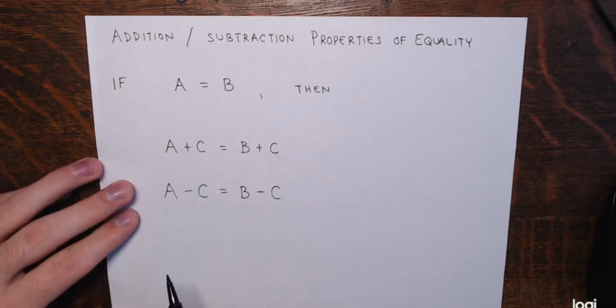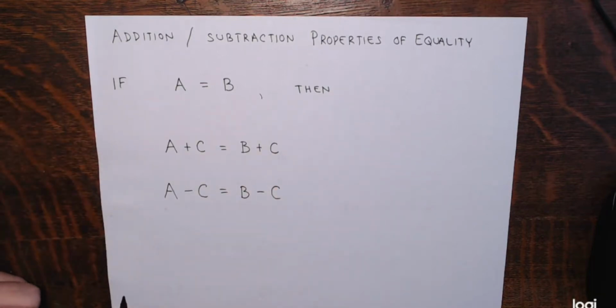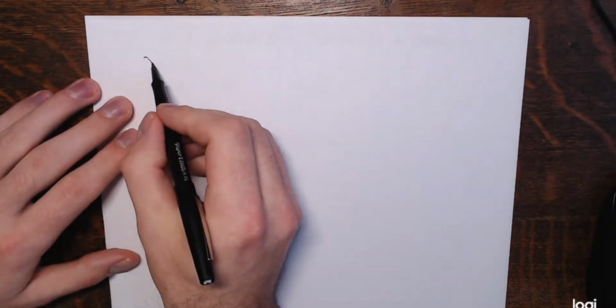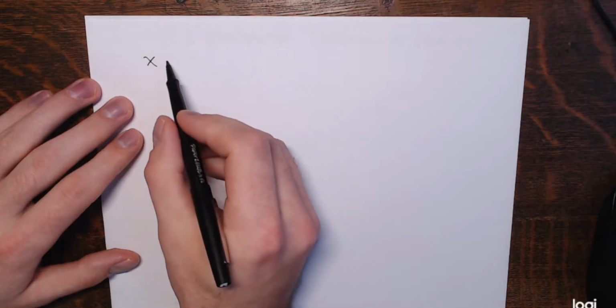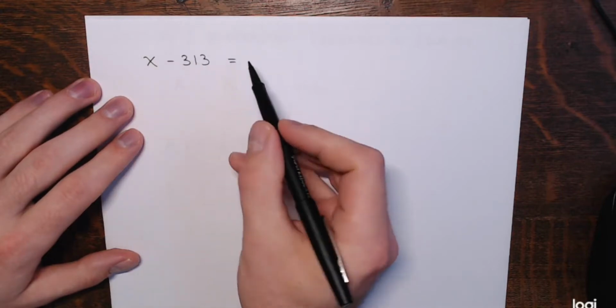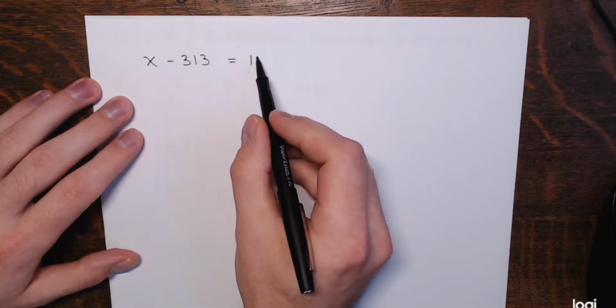And that's all that is. That is all the addition and subtraction properties of equality are. Now the equation we are given in this problem is, solve x minus 313 equals 154.